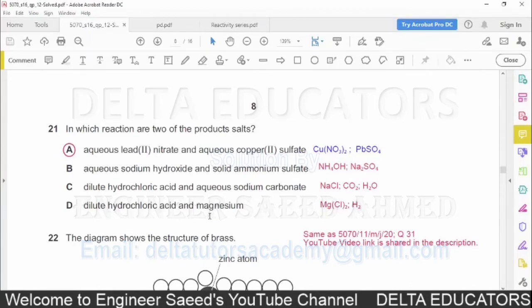The reaction in between hydrochloric acid and magnesium gives magnesium chloride and hydrogen gas. Here magnesium chloride is a salt, but hydrogen gas is not a salt. So here option D is also incorrect. Correct option A, where copper nitrate and lead sulfate both are salts.